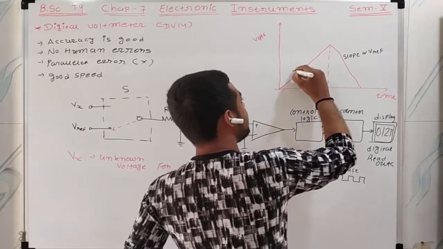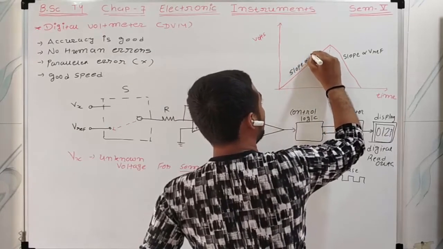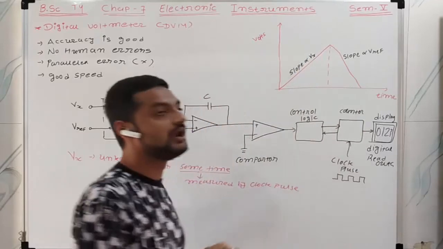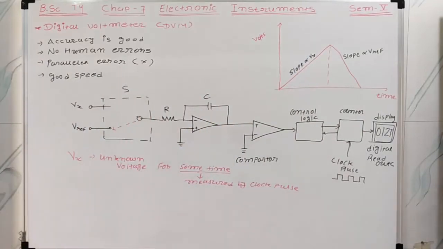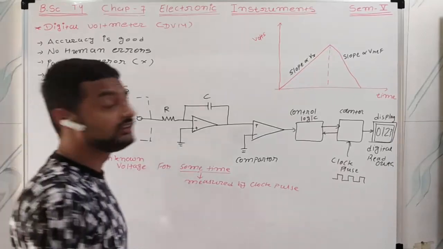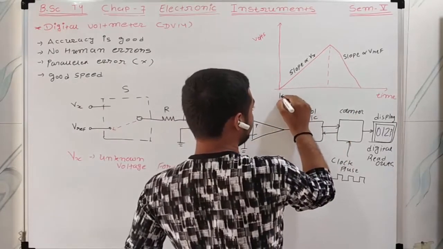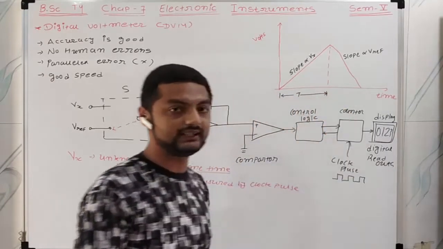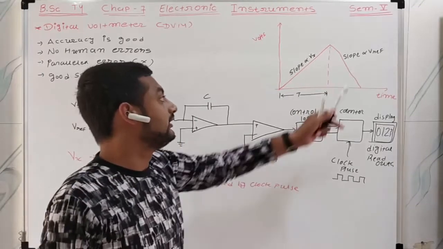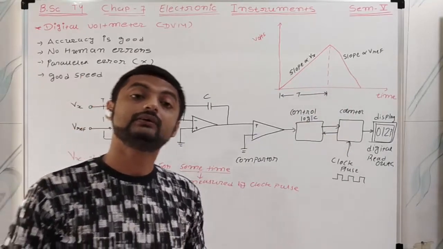So you can say the slope of this graph is based on applied unknown voltage. Got it? So you can say this both timing is not same. Why? Because for charging, suppose it takes capital T time, then discharging is always fast, right?